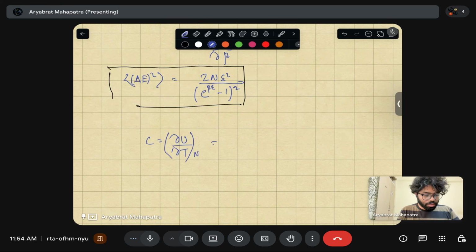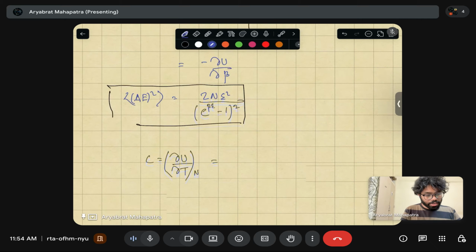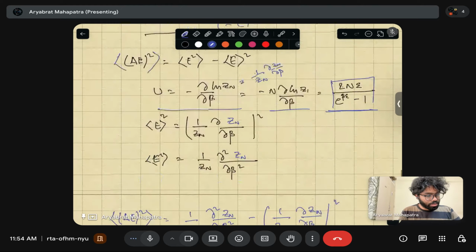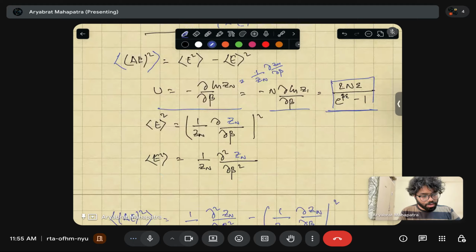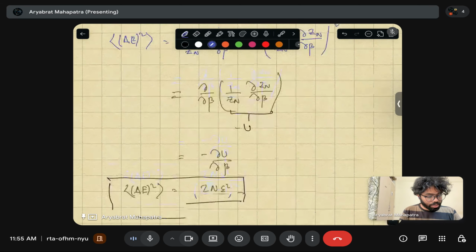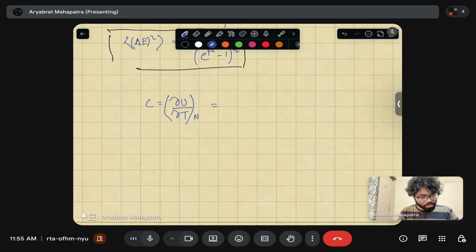Since we have written u in terms of beta, and beta is 1 over kT, del beta is minus 1 over kT square del T. Because d beta is minus 1 over kT square dT.